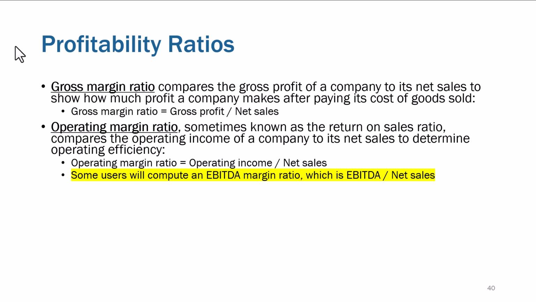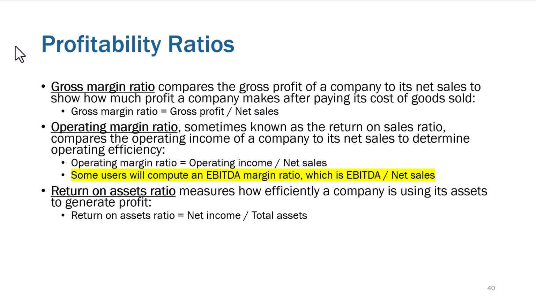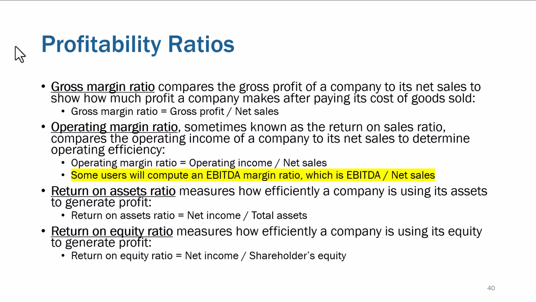Some people will look at an EBITDA margin ratio, which is EBITDA divided by sales, earnings before interest, taxes, depreciation, and amortization. A return on assets ratio is going to measure how efficiently a company is using its assets. So what is income compared to assets? Return on equity, how efficiently is a company using its equity? So income compared to equity.